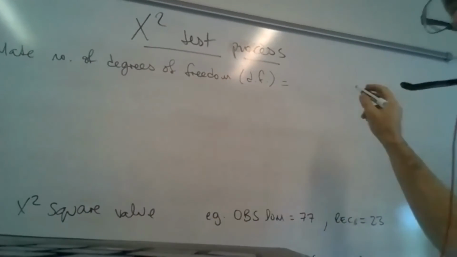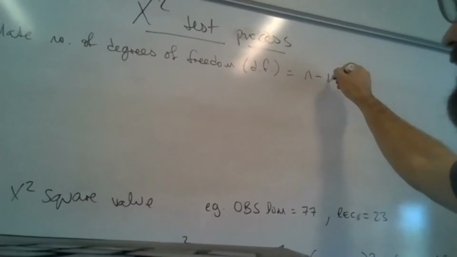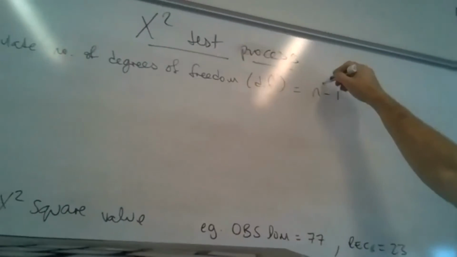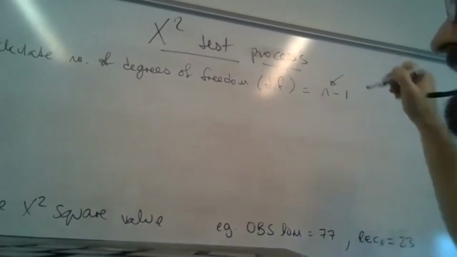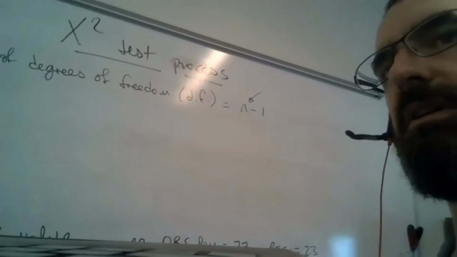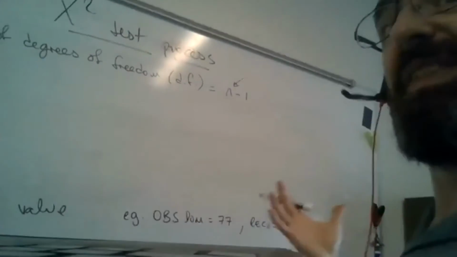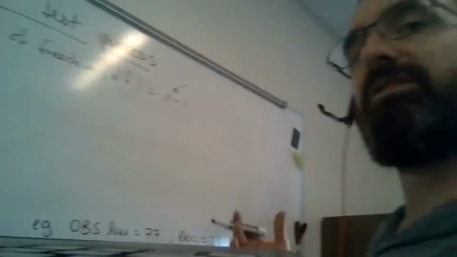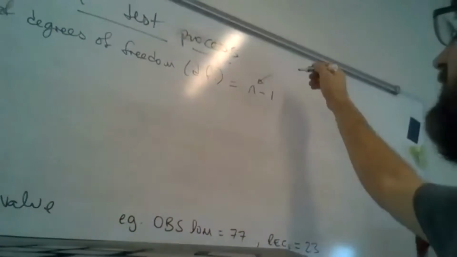And so that is n minus 1, where this n is kind of the same as n as in sample size, but instead of number of things that you observe, it's the number of different conditions that you observe.